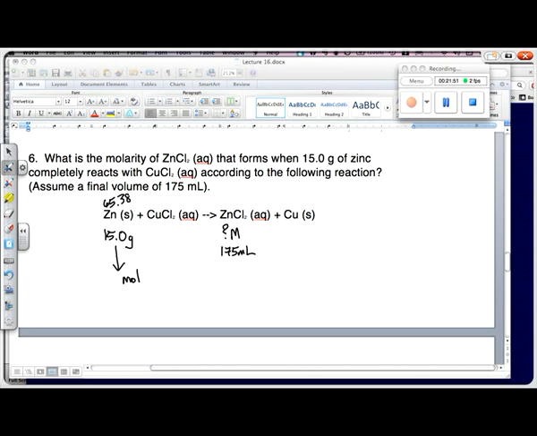So 15 grams times 1 mole is 65.38 grams. Divide that mass by the molar mass to get into moles, and I get 0.229 moles.